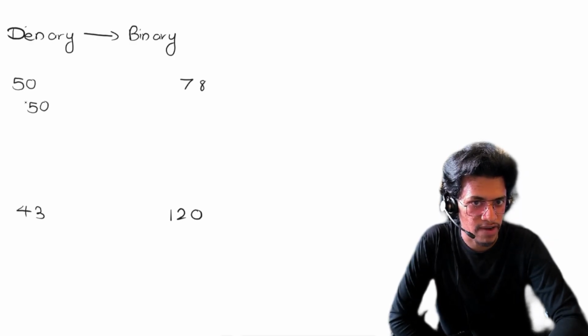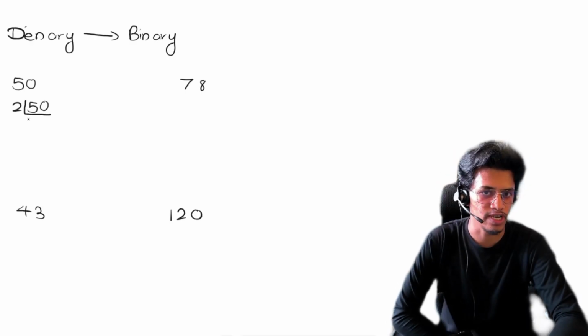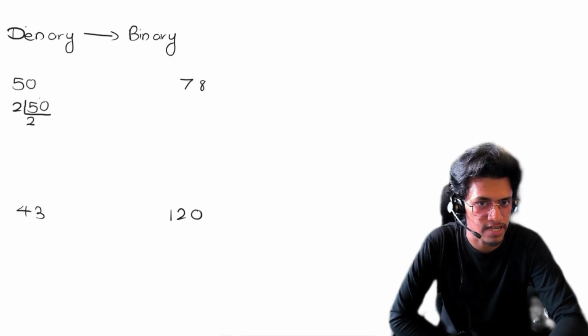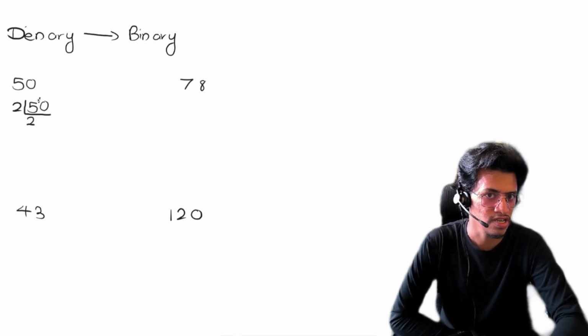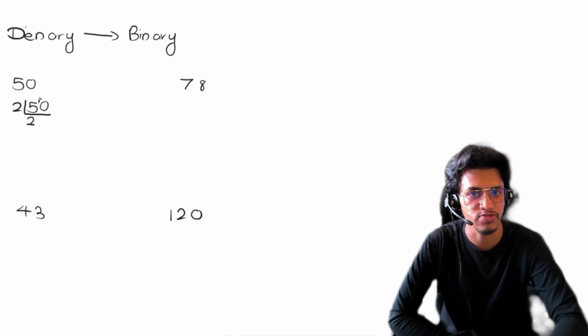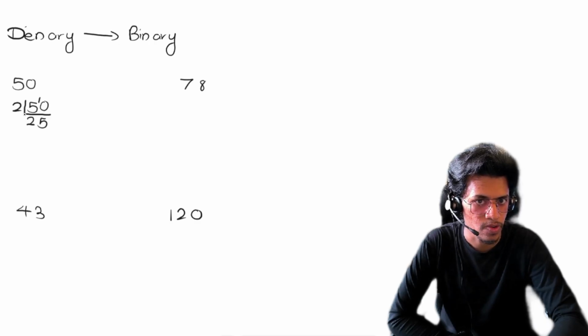We divide 50 by 2. 5 divided by 2 is 2, and 5 is an odd number, so we get a balance of 1. We put the 1 here and bring down the next digit, which gives 10. 10 divided by 2 is 5, balance 0.